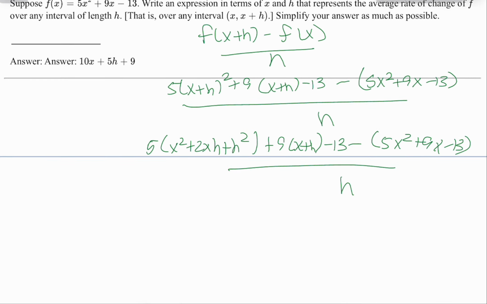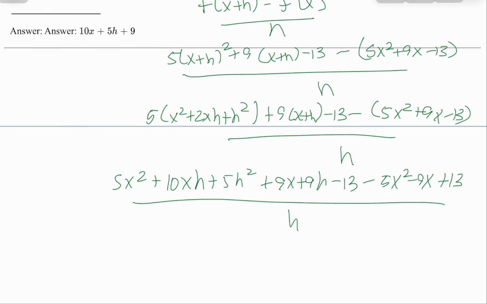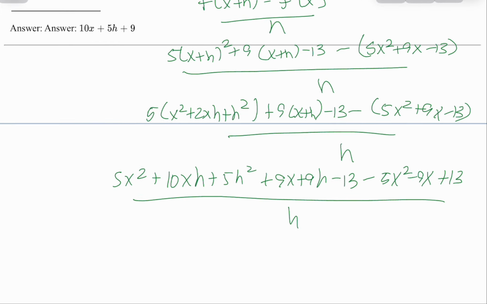Now I'm going to distribute, okay? So I get 5x squared plus 10xh plus 5h squared plus 9x plus 9h minus 13 minus 5x squared minus 9x plus 13 all over h. Now if I did it right, everything that does not contain an h should cancel. Okay, so 5x squared, negative 5x squared. Yay.